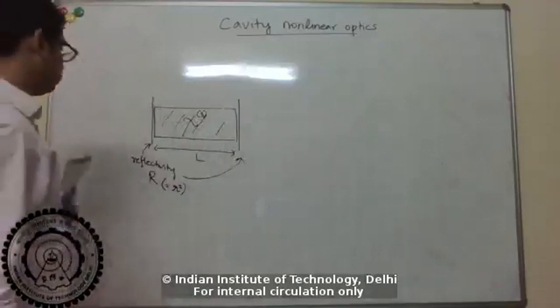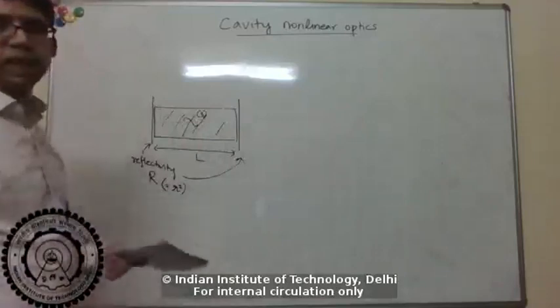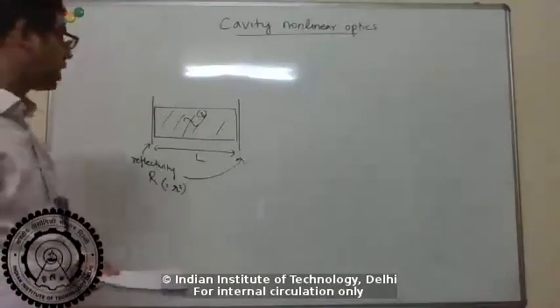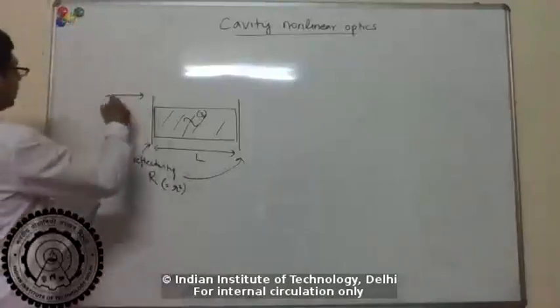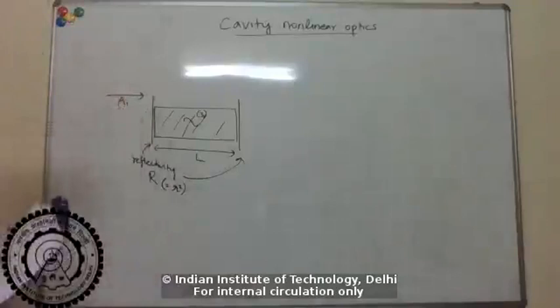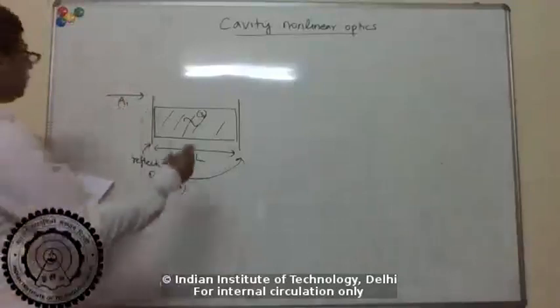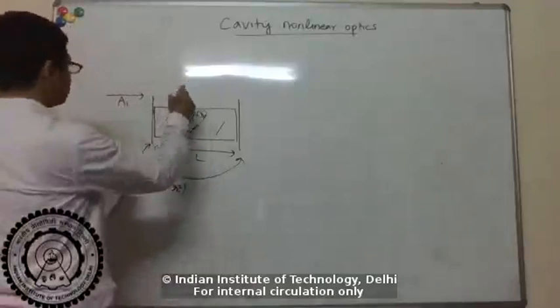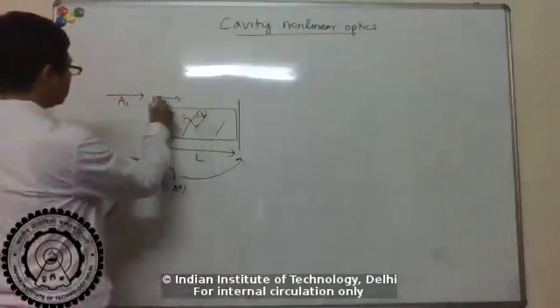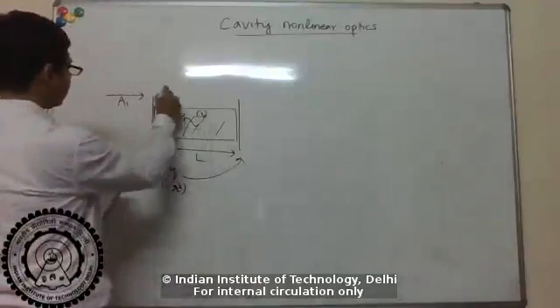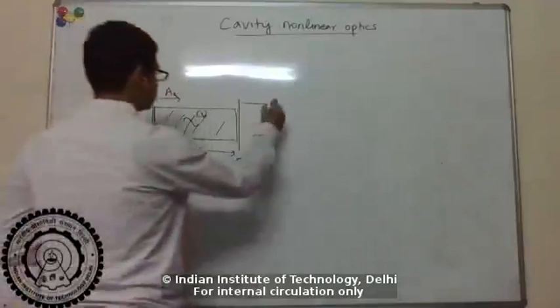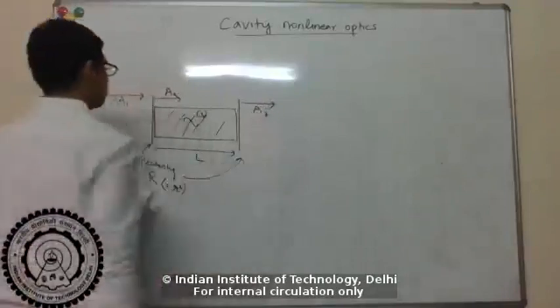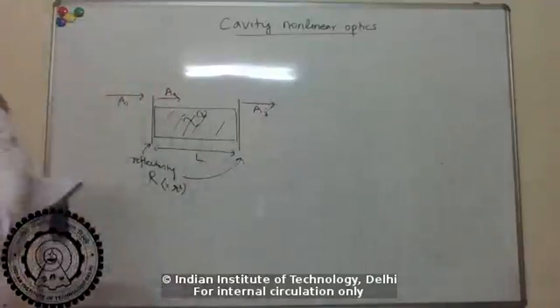The way we can analyze it is how we usually analyze, let's say, a Fabry-Perot cavity, which you might have seen in your basic optics courses, right? So let's say I have some incident field with amplitude A1. And then let's say the field inside the cavity, just after the first mirror here, is A2. Let's call the transmitted field A3.